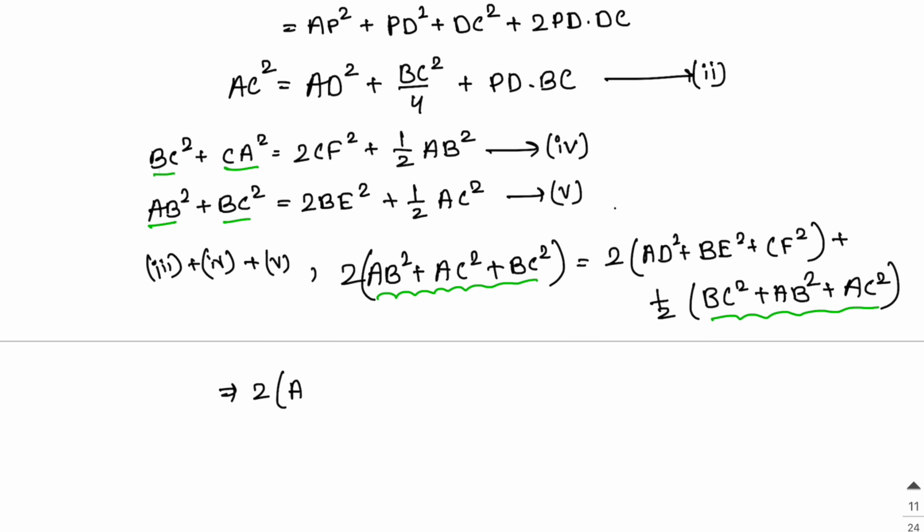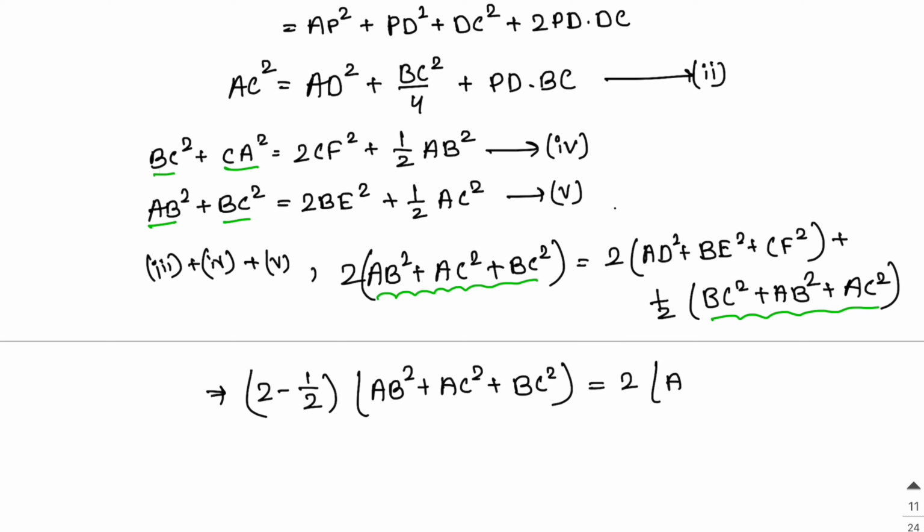So now you can write down, if you take this portion common, just write down in this way. So 2 minus half, and in bracket AB square plus AC square plus BC square, that one equal to 2 into AD square plus BE square plus CF square. Clear? So now 2 minus half, that one equal to 3 by 2. So write down 3 here.